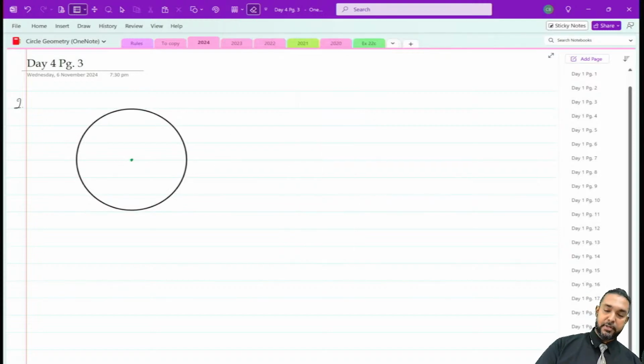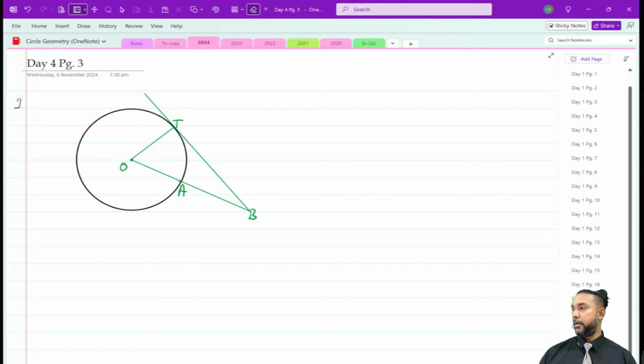So we have a circle here with center O. Right, so O is produced to point B, and then from point B, we have a tangent that touches the circle at point T. We have a point A on the outside here.